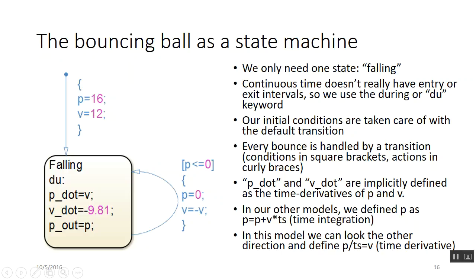And now the transition condition is when you get below zero, when P is less than zero. What you do there is set the position to zero and reverse your velocity, so it'll bounce. It's resetting things and then changing your velocity.